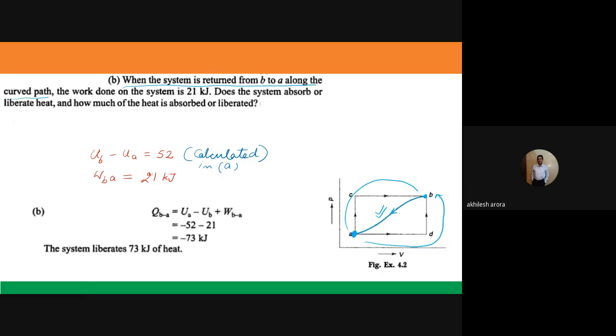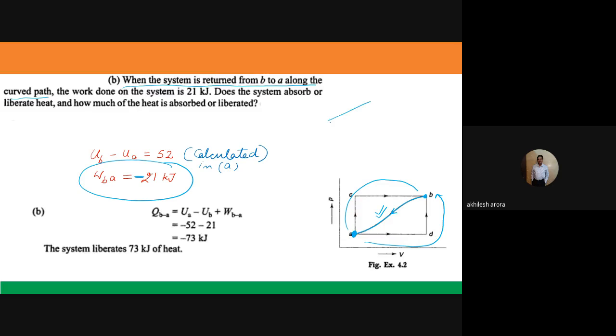The work done on the system is 21 kilojoules. So this value of WBA is not 21, rather minus 21 kilojoules, because it is work done on the system.